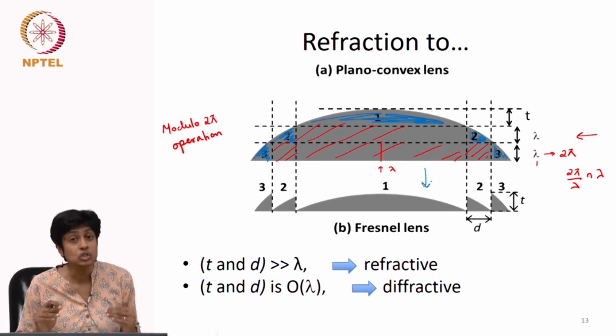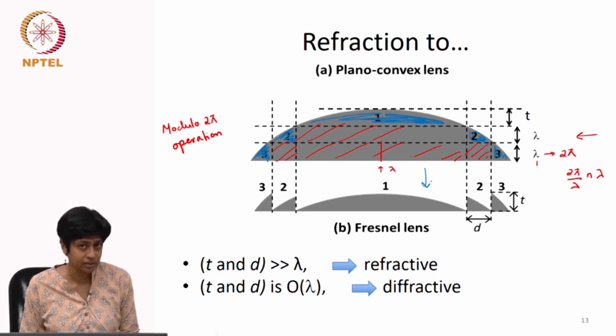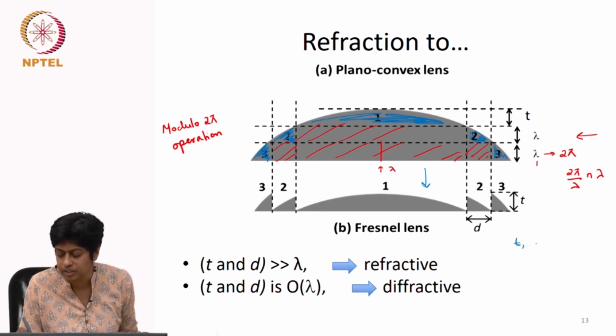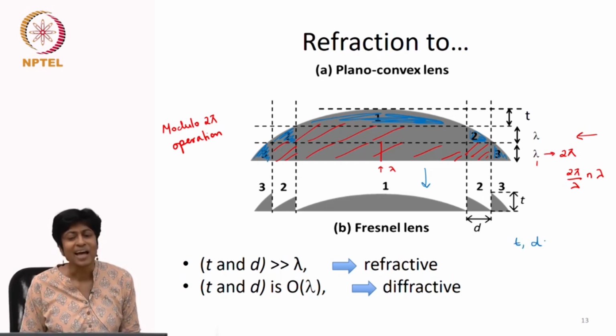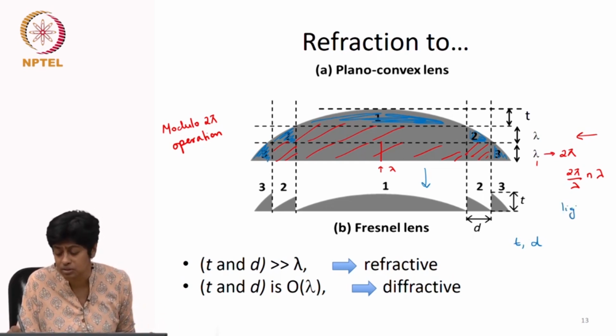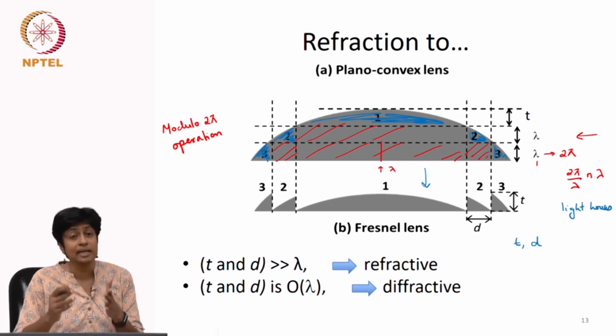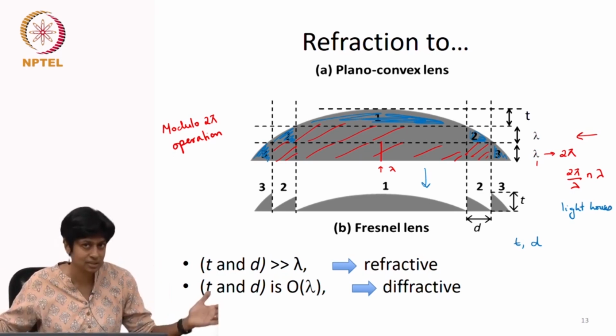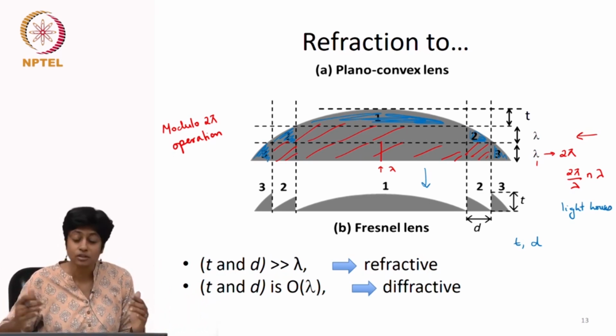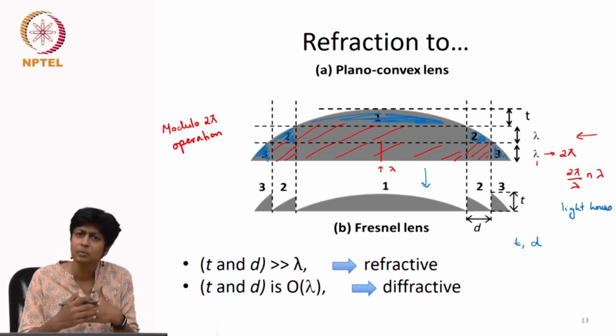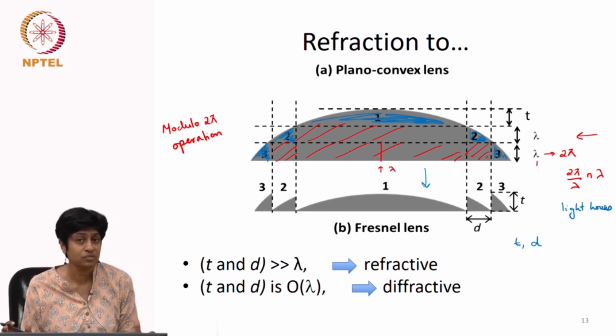Now, it's still not necessarily a diffractive lens, because that is determined by the feature sizes T and D. The very first Fresnel lenses were used in lighthouses, because you can imagine those lenses are huge, meters in diameter, and so the thickness of the glass in the middle was also very much, meaning that the weight of those lenses was very large.